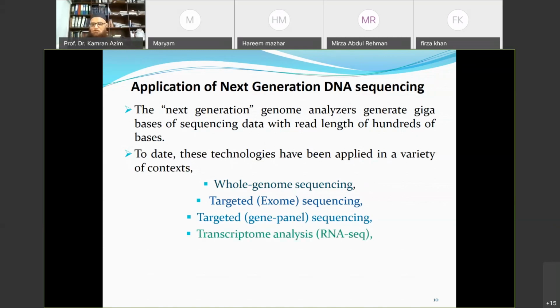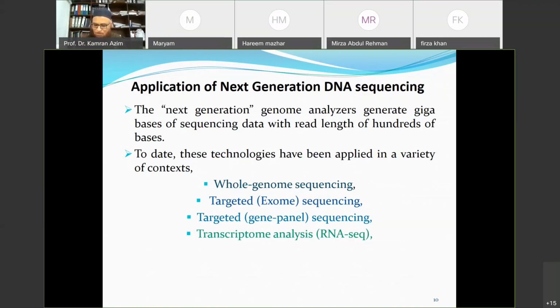Transcriptome analysis is also carried out by next generation DNA sequencing. What is transcriptome analysis? As we know, transcripts are the RNA molecules generated after the transcription process, in which genes are transcribed and RNA molecules are generated. So these RNA molecules are then sequenced.